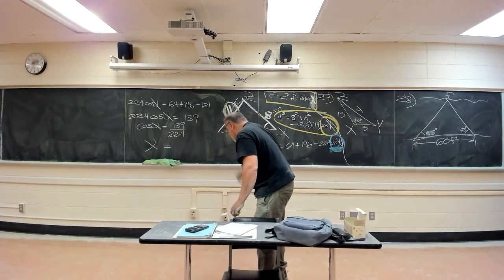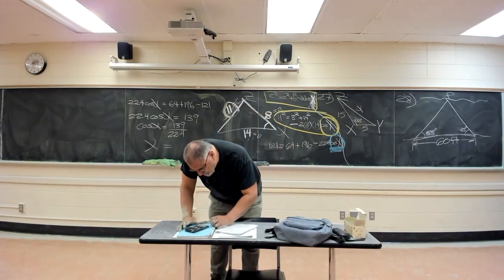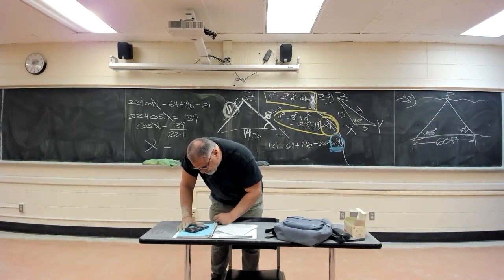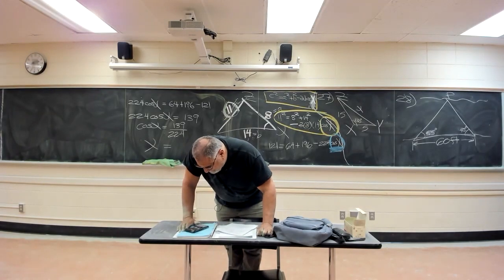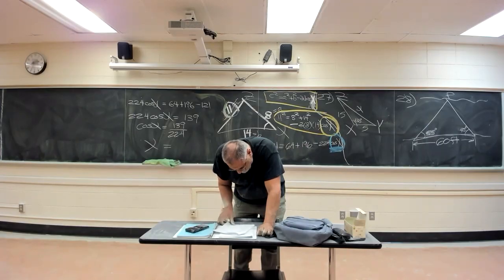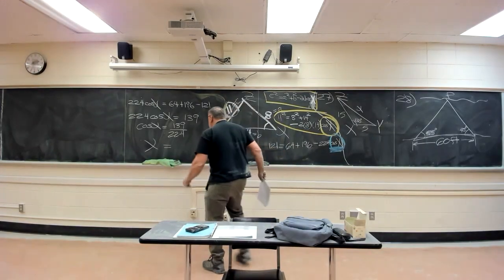So we're going to do inverse cosine of 139 over 224. 51.6447. 51.64. Let's have a look. 51.64, they got 52.